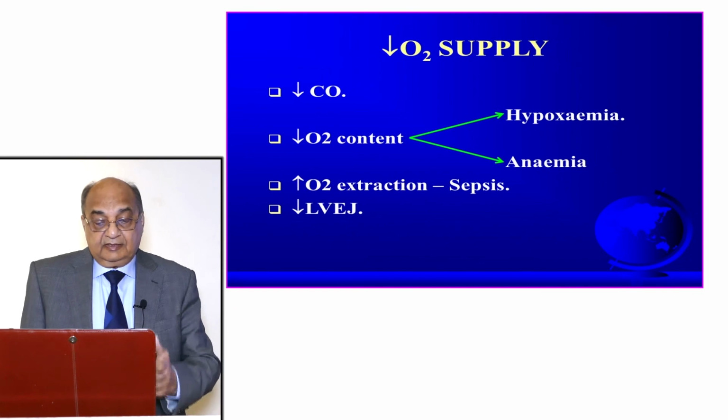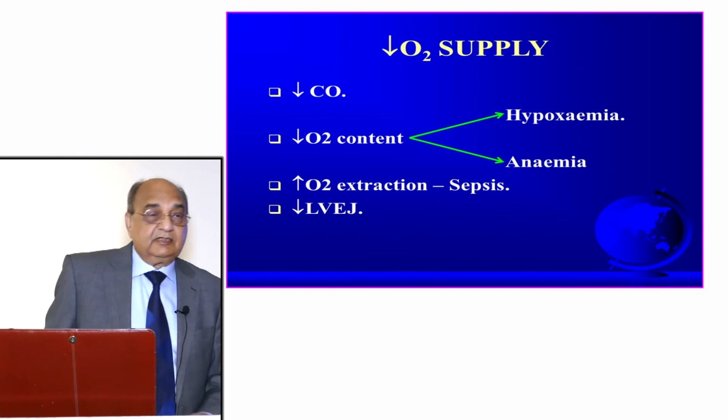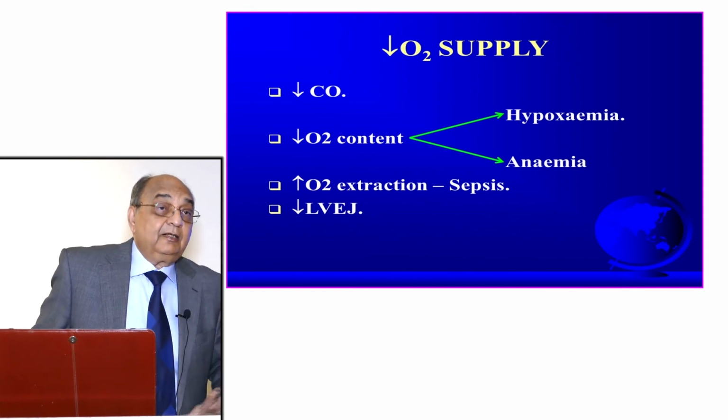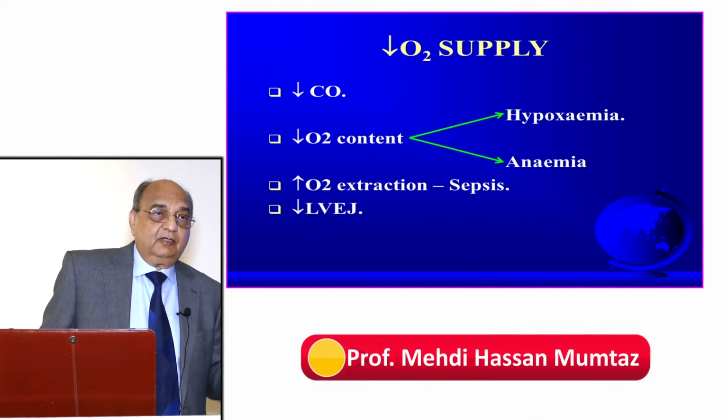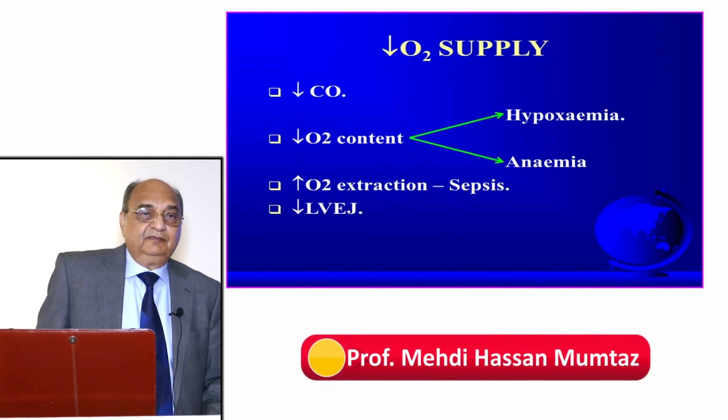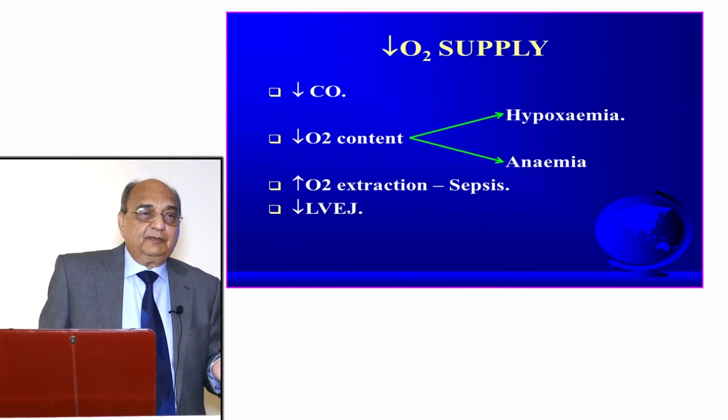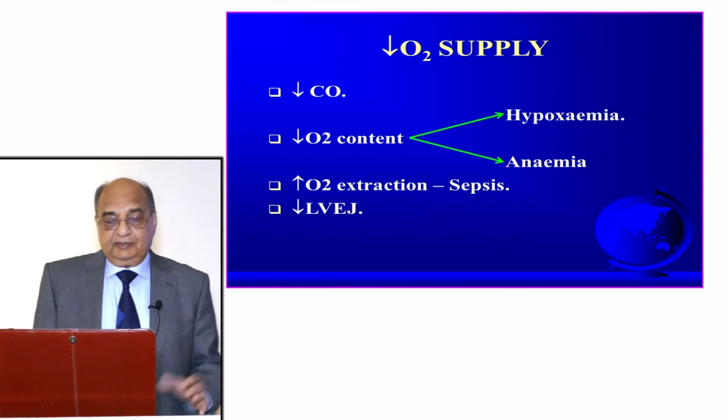Then increased oxygen extraction. For example, in sepsis, hyperthyroidism. Even if you give the normal amount of oxygen, the oxygen requirement is more. So if the oxygen requirement is more, then relatively you are creating hypoxemia, a relative lack of oxygen in the tissues.